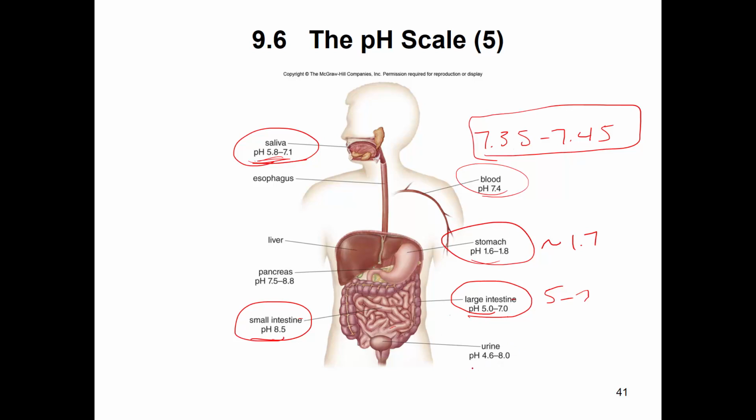When it leaves the body in your urine, it can be anywhere from 4.6, which is acidic, to 8.0, which is slightly basic. And then your pancreatic secretions are going to be 7.5 to 8.8, and so the pancreas is how you're going to raise that pH back up after it's been so acidic in the stomach.